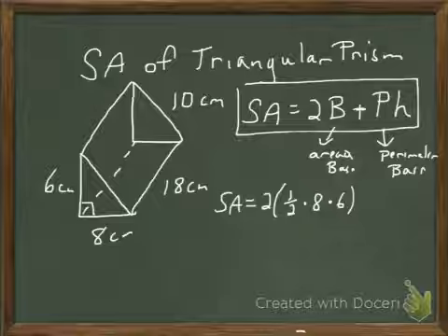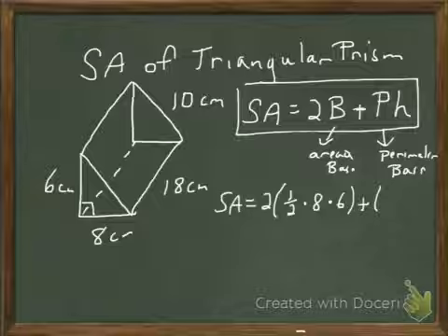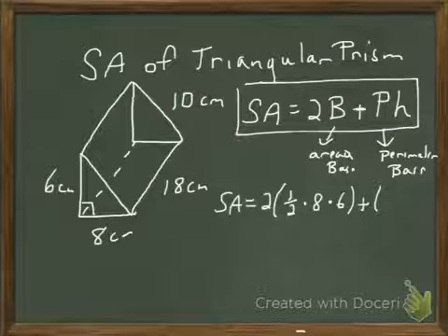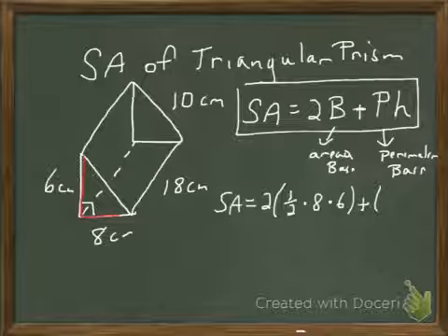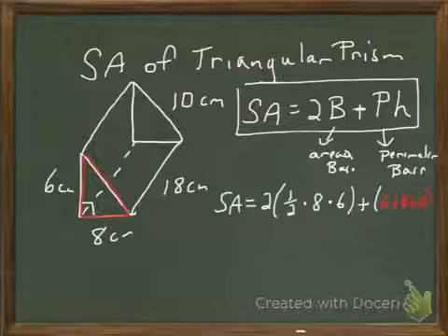Now, what would the perimeter be? The perimeter of the triangle would be adding the outside edges, so you're looking at this 6, this 8, and what is the slanted part here? Look across and you see it is 10. So we have 6 plus 8 plus 10.